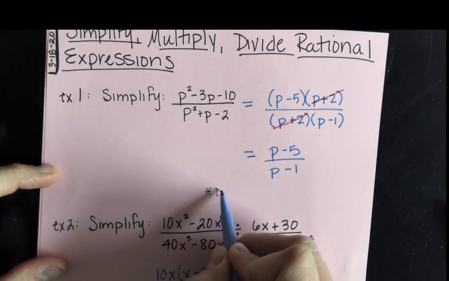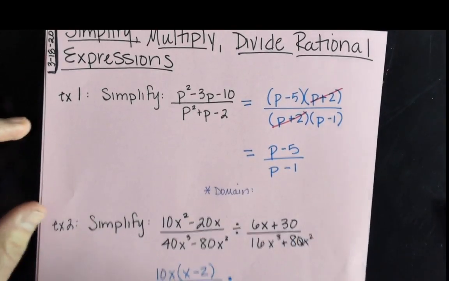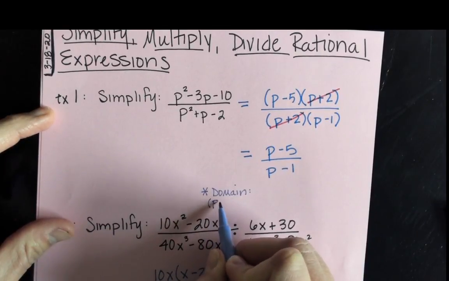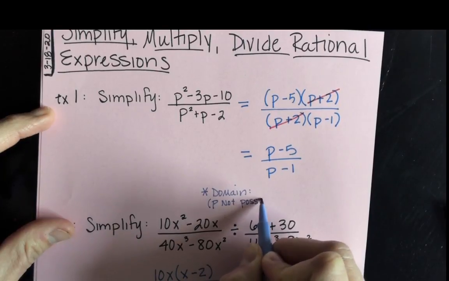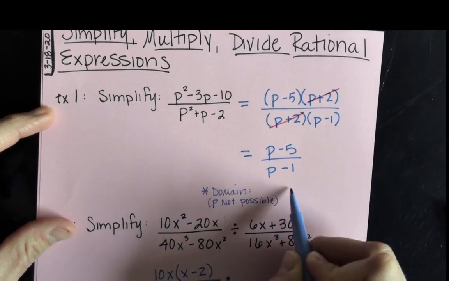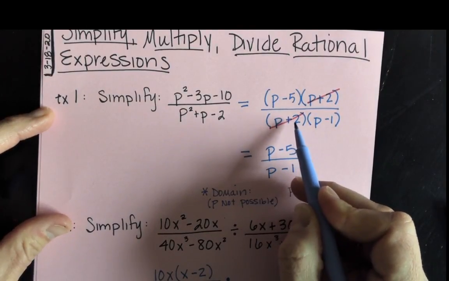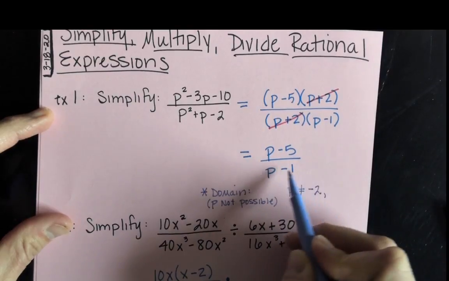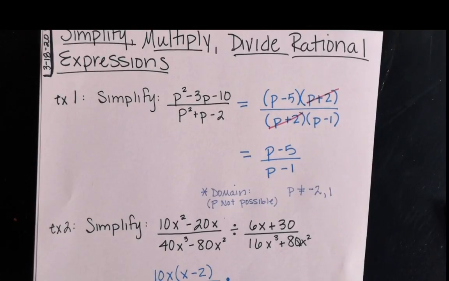So if the domain is asked, or when the values are not possible, so when p is not possible, we would have to say that p could not equal -2 because p plus 2 is in the denominator, so it can't equal -2 and it can't equal 1. So again, only if the domain is asked. You do not have to list it otherwise.